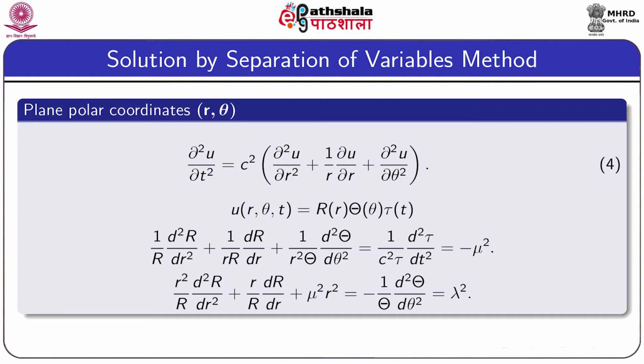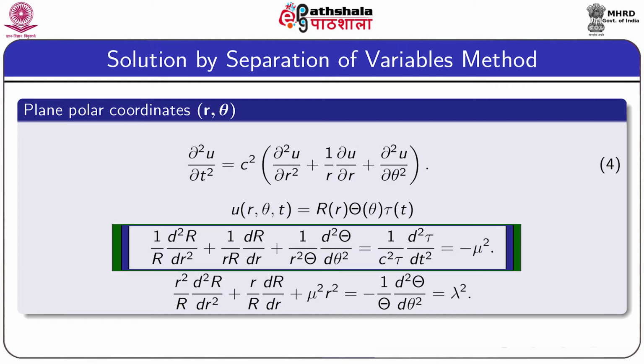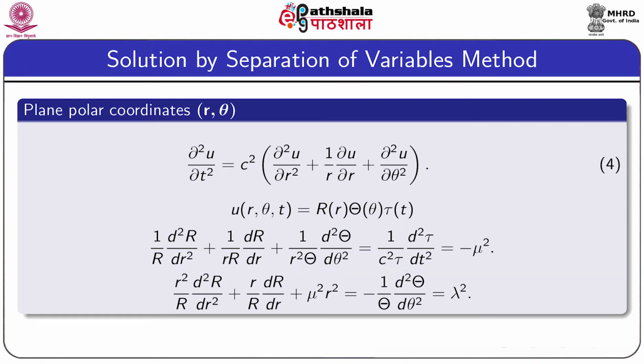For that purpose, we are writing the solution u as the product of capital R, capital Theta and Tau. Then we substitute this solution into equation 4 to obtain the relation written here: 1 by R d2R dr square plus 1 by r R dR dr plus 1 by r square Theta d2 Theta d theta square equals 1 by c square Tau d2 Tau dt square.